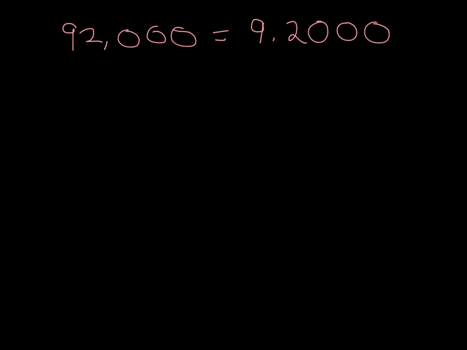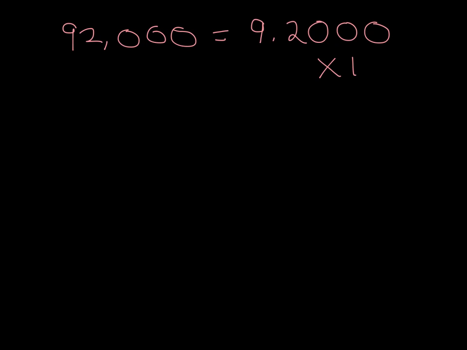If we were to write the number 92,000 in scientific notation, the first thing that we would do is move our decimal point to the right of the leftmost digit. In our case, 9 is the leftmost digit, so our decimal point will go to the right of the 9. Then we multiply that by a power of 10.